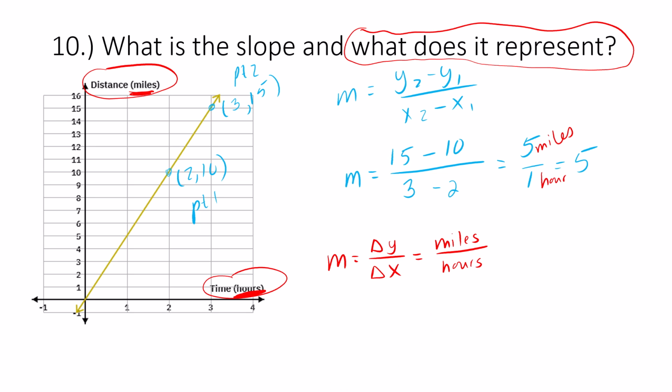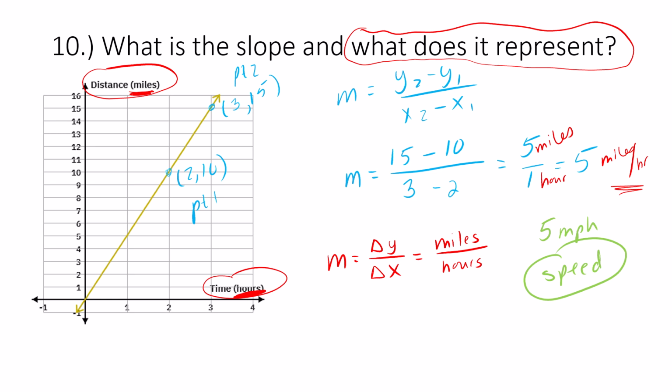So this would be 5 miles per hour. If you can get the unit, it will probably tell you what it represents. And the answer to what does it represent, if it is 5 miles per hour, is speed. So the slope in this problem represents the speed.